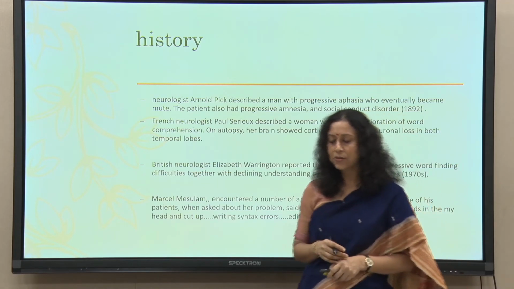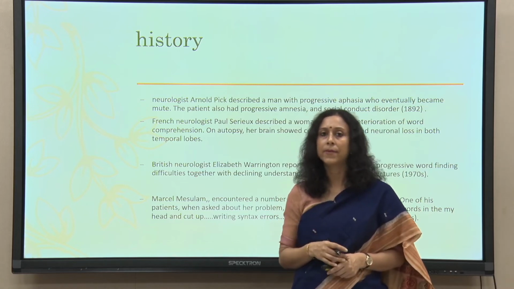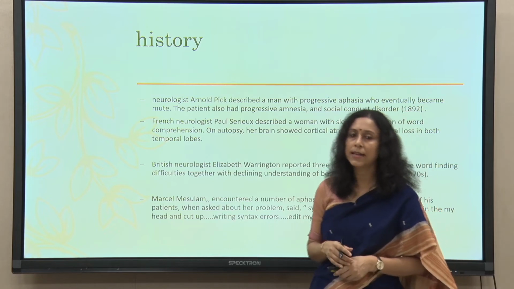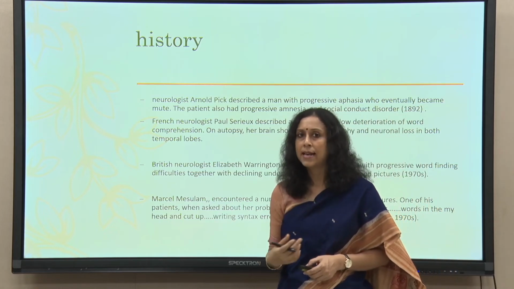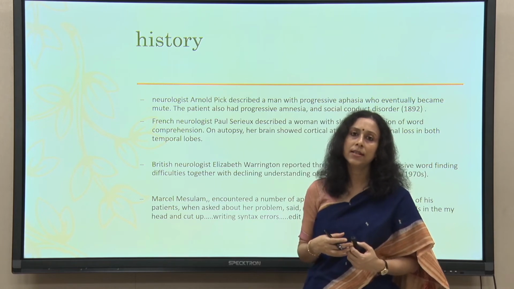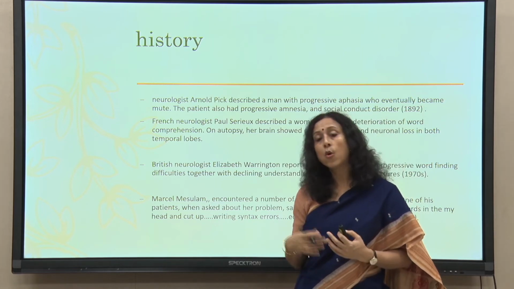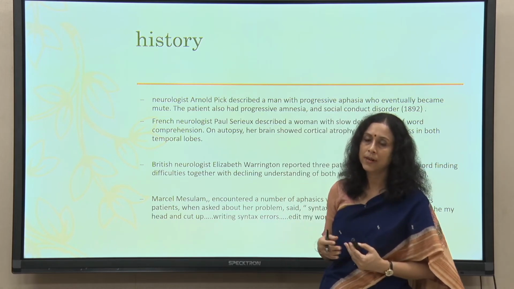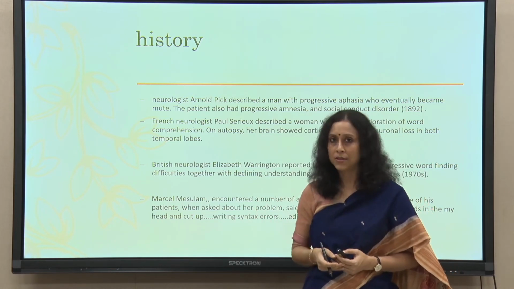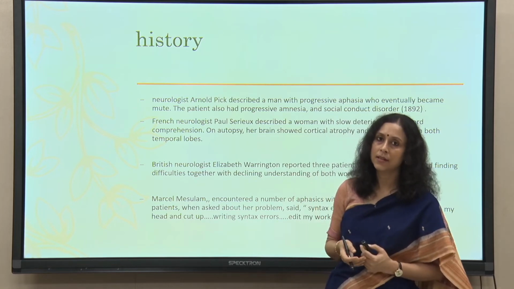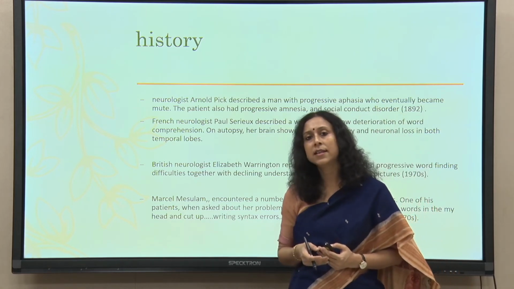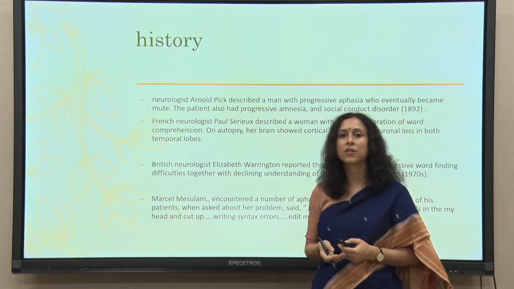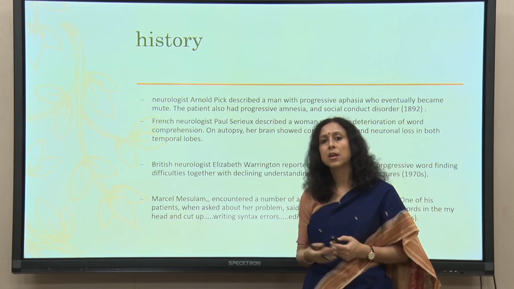The study of primary progressive aphasia goes back in time, when neurologists discovered that some patients had linguistic disabilities, language disorders, which co-occurred with various other kinds of gradually advancing cognitive disorders. Sometimes social cognition is missing. There was a particular case where a person had a serious social conduct problem along with language getting affected.